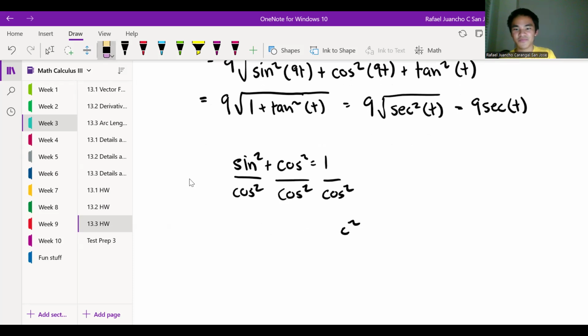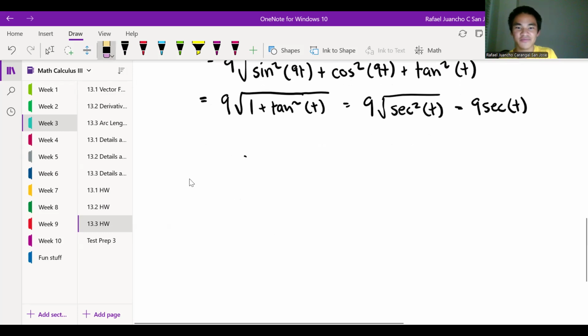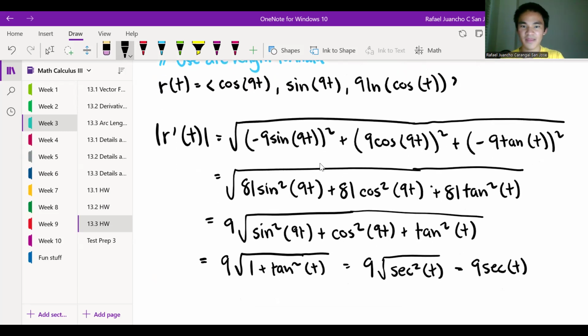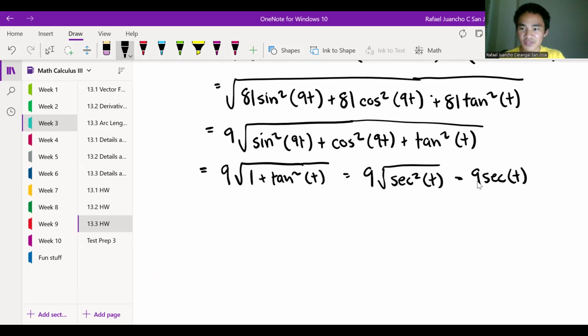So that's how I know. And then with secant squared, I completely remove the square root, which is really, really nice. That's what we want to do. We want to remove that square root. And we managed to do it.